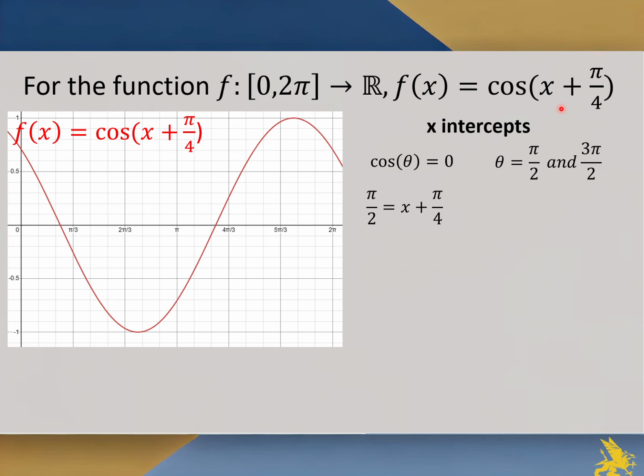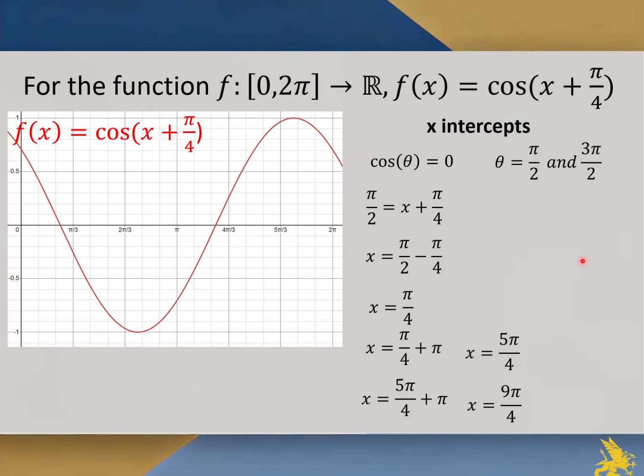Next step is getting x by itself, so I take pi over 4 away, and that gives me pi over 4. Now, each time we've got an intercept, we're adding a period, so I can just go plus pi. If I wanted a rule, I could go plus n pi, and that will give me whatever intercept I'm wanting. So in this case, that equals 5 pi over 4. I can keep on going. 5 pi over 4 plus pi gives me 9 pi over 4.